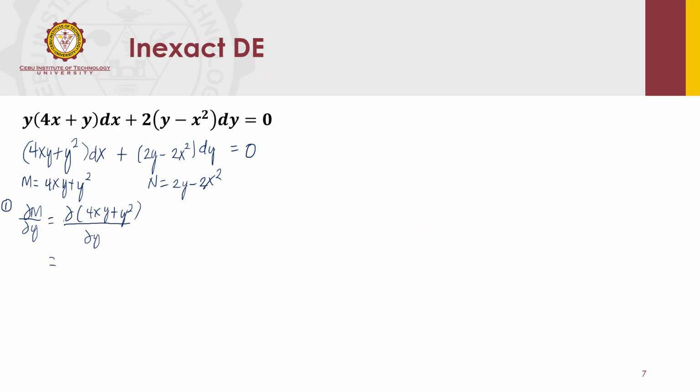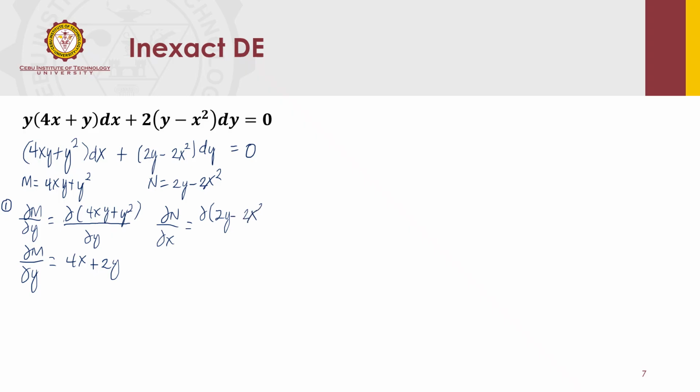Okay, partial derivative, the constant here is x. So it's 4x plus 2y, and for N, partial derivative with respect to x.